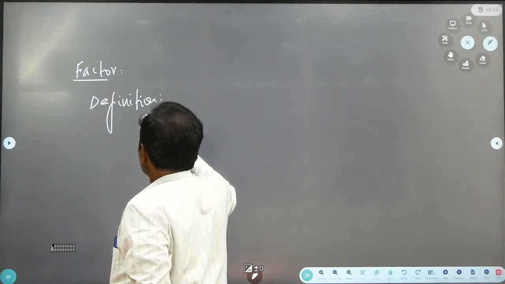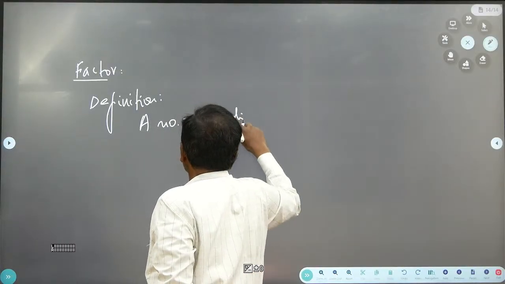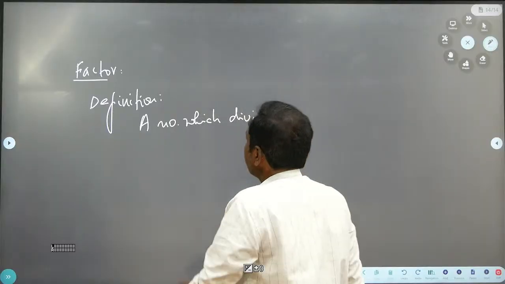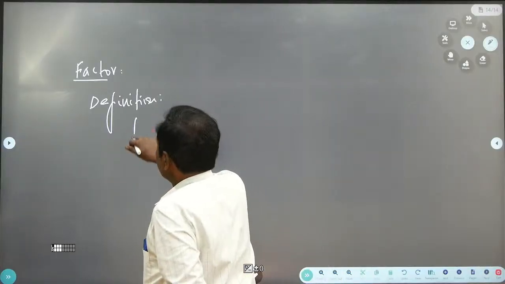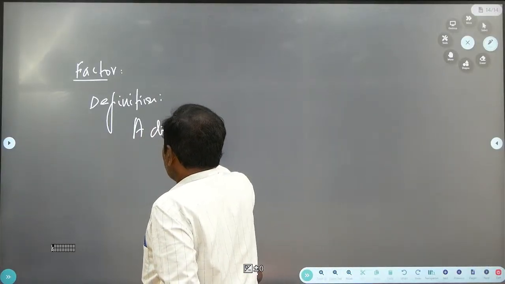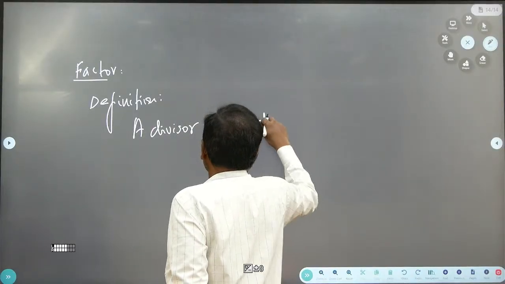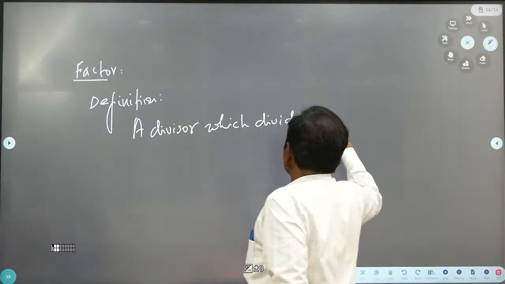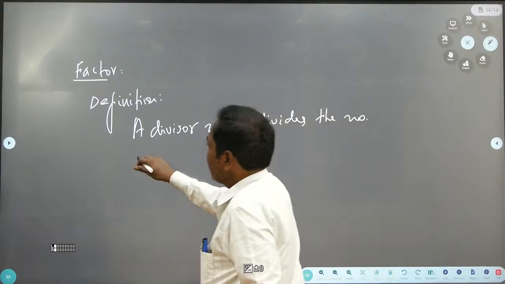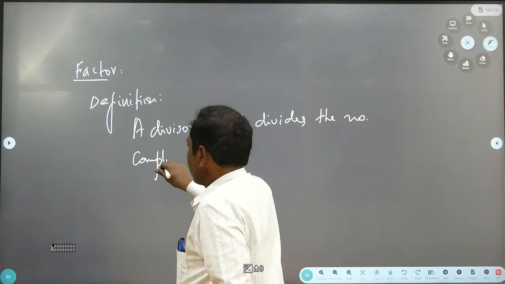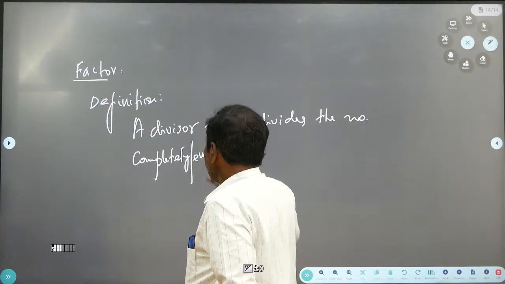A number which divides. No, this is also not correct. A divisor which divides the number completely or evenly, both are the same meaning.